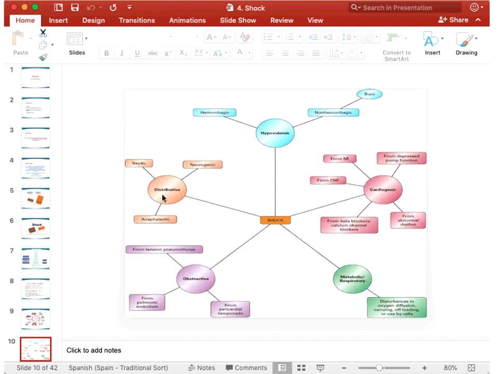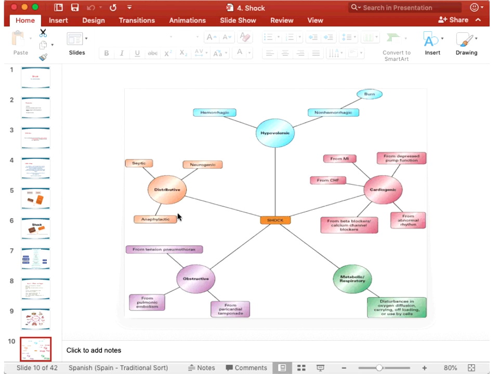We have the other one that is distributive shock, and we have distributive because it switches the intravascular volume, loses the attachment between cells.